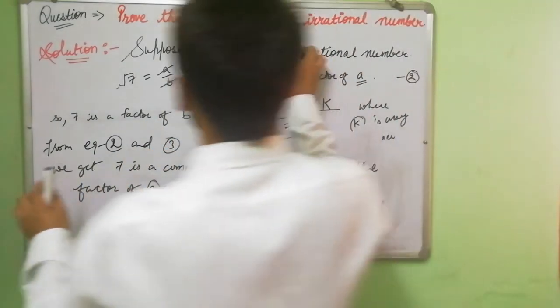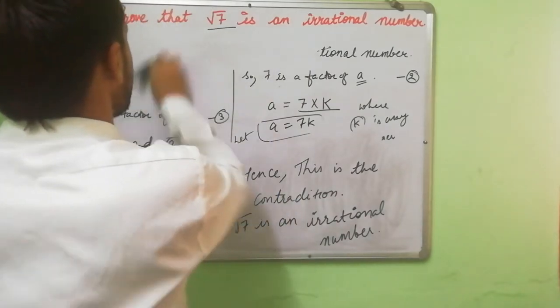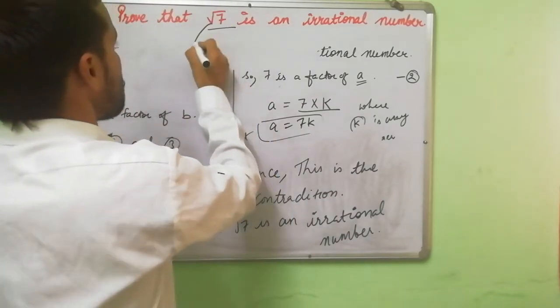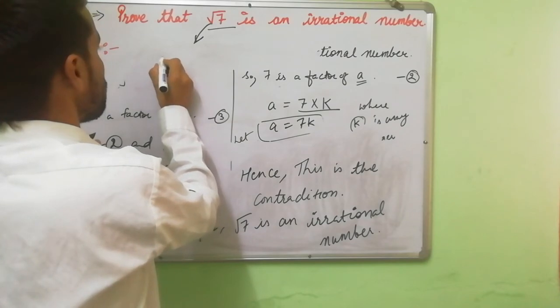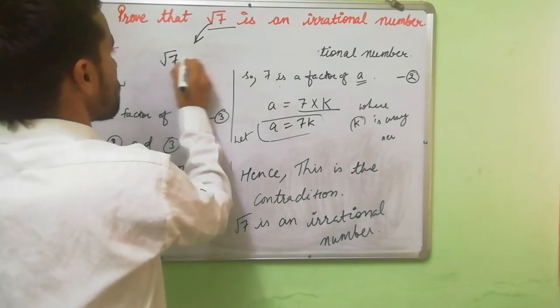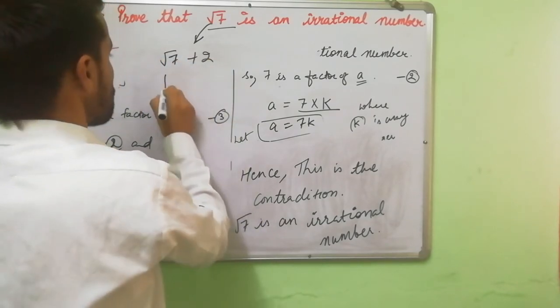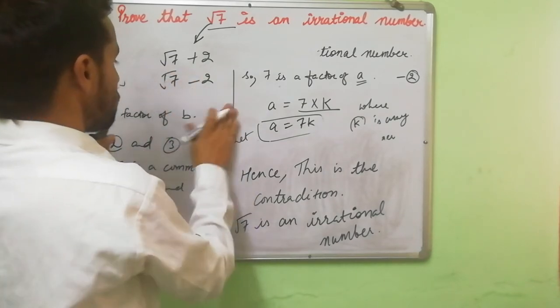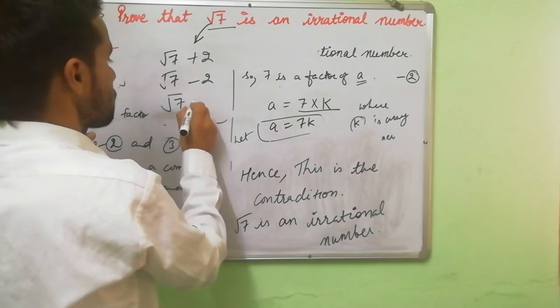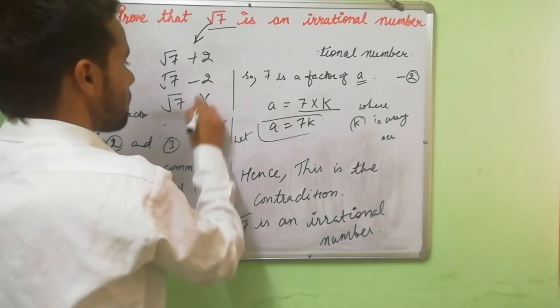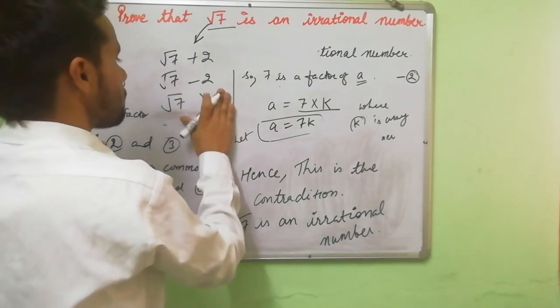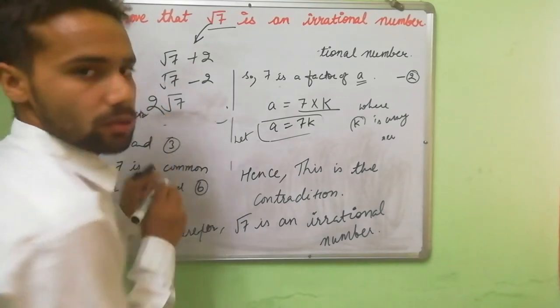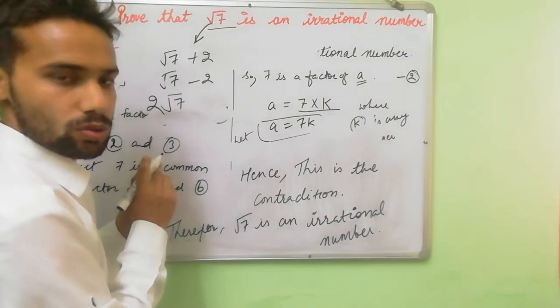Maybe I write this number in this form: square root of 7 plus 2, square root of 7 minus 2, or we can say square root of 7 multiplied by 2. Means I can write 2 here. In this way, 2 multiplied by square root 7.